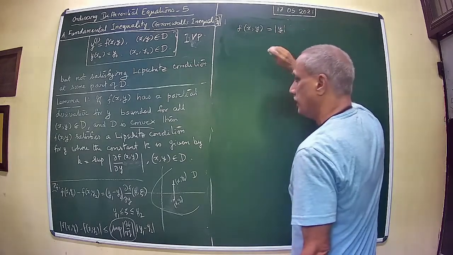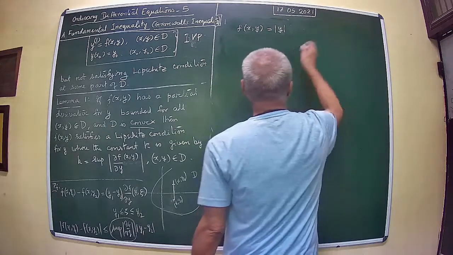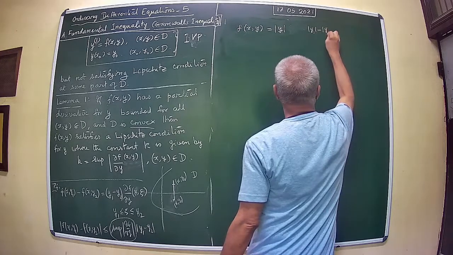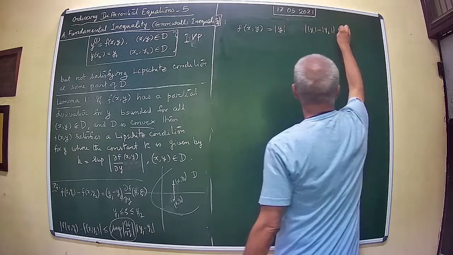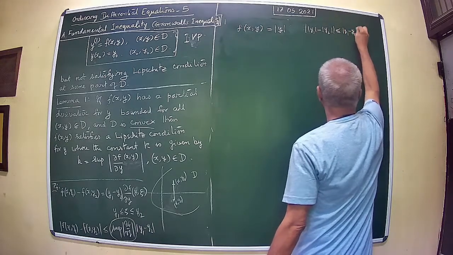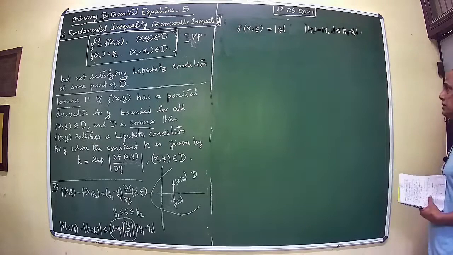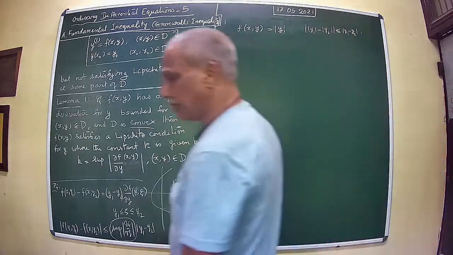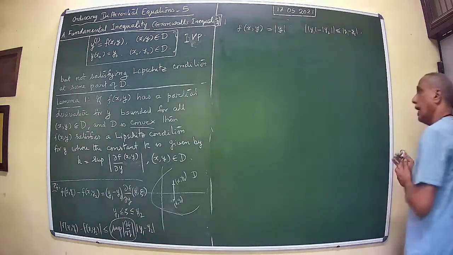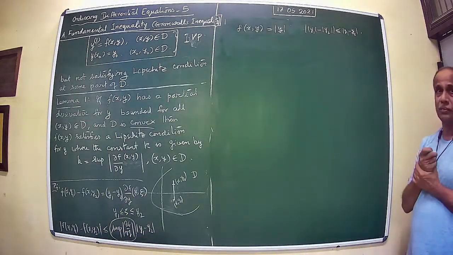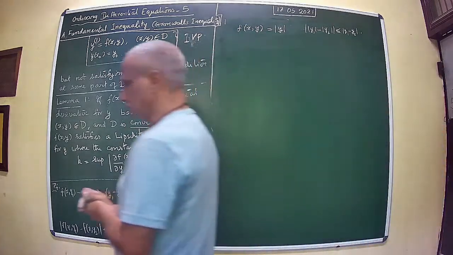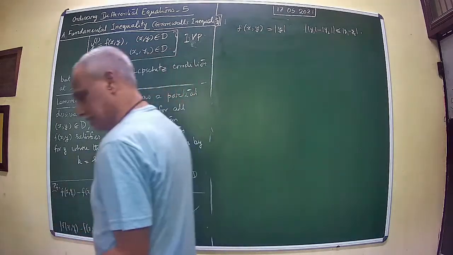This function is Lipschitz. Why is it Lipschitz? So you take mod y1 minus mod y2 is less than or equal to mod y1 minus y2. So with Lipschitz constant 1, it is Lipschitz. However, this function does not have the partial derivative. It's not differentiable at y equal to 0. The partial derivative does not exist for y equal to 0. So even if this condition is not satisfied, still it is Lipschitz.